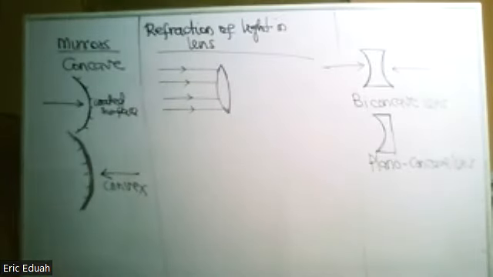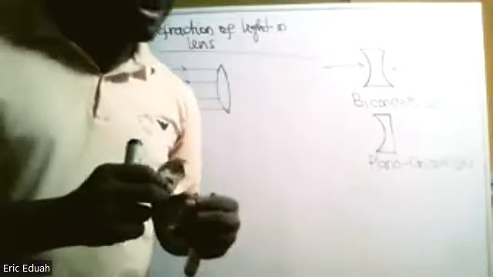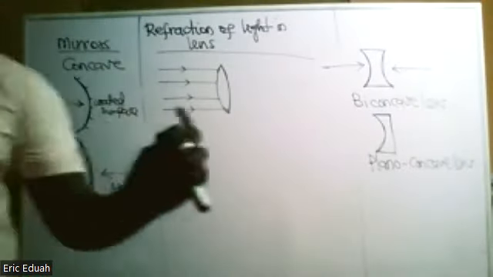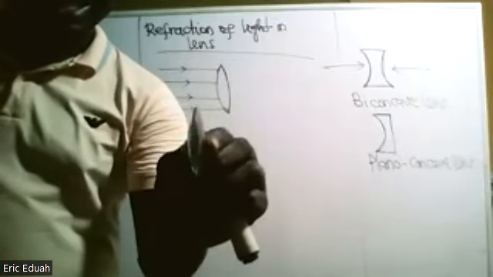If you've seen a hand lens before, you have a convex lens. So this is a convex lens.